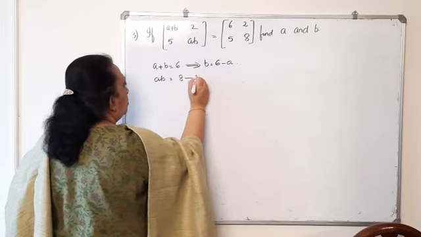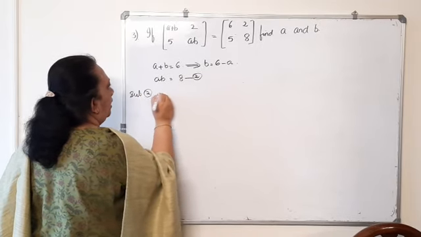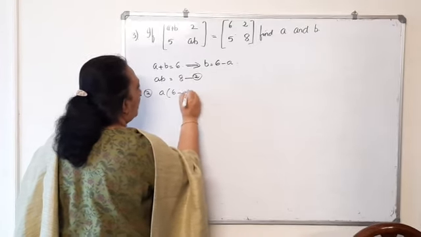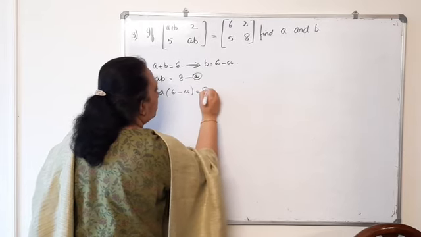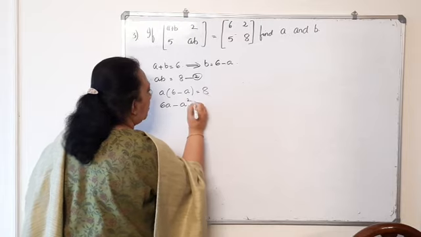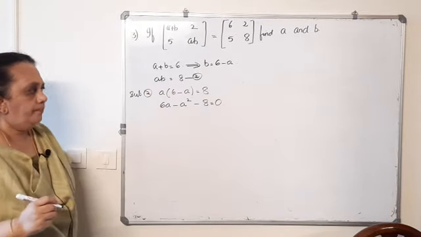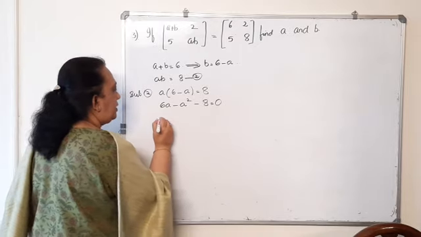Substituting into A into 6 minus A is equal to 8, or 6A minus A squared minus 8 is equal to 0. This is a quadratic equation.